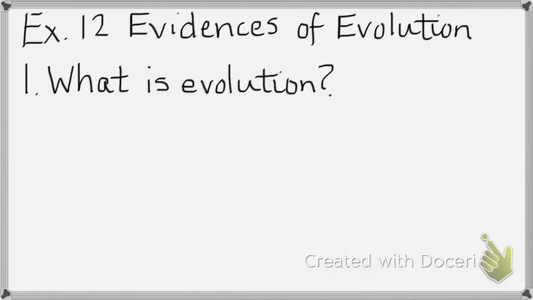All right. That takes us to the back. Our last unit that we've been working on together is evolution. And we've defined evolution actually several times. We use the same definition every time.